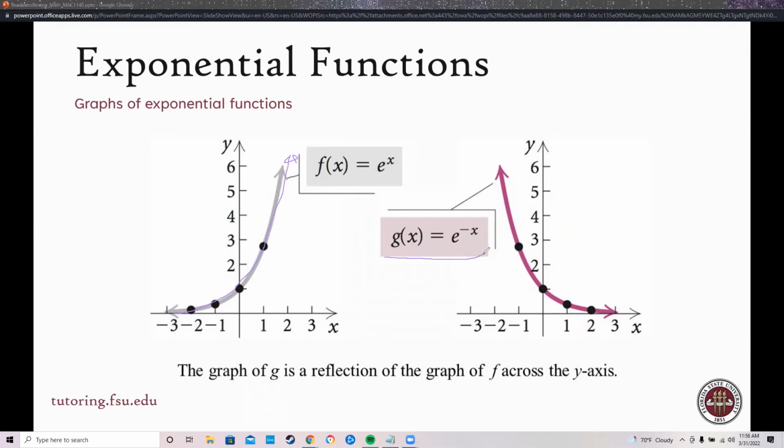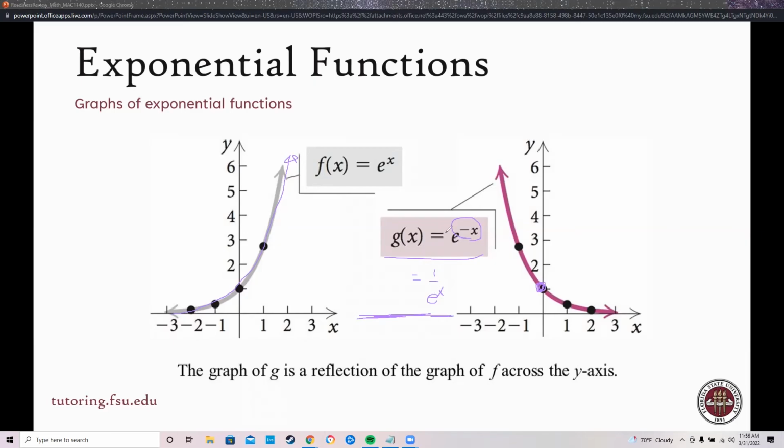So the inverse of e to the x is e to the negative x, which is the same thing as 1 over e to the x, and 1 over e to the x is a reflection of the graph across the y-axis. Our y-intercept is still (0, 1), and our asymptote is the x-axis, or y equals 0.